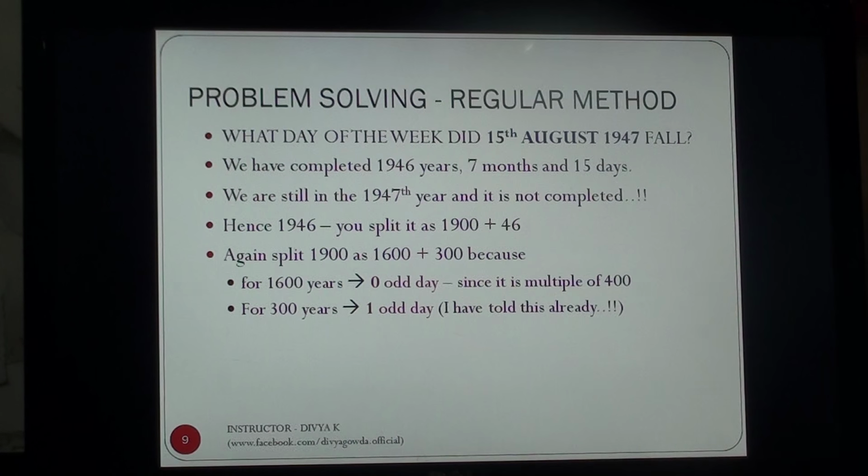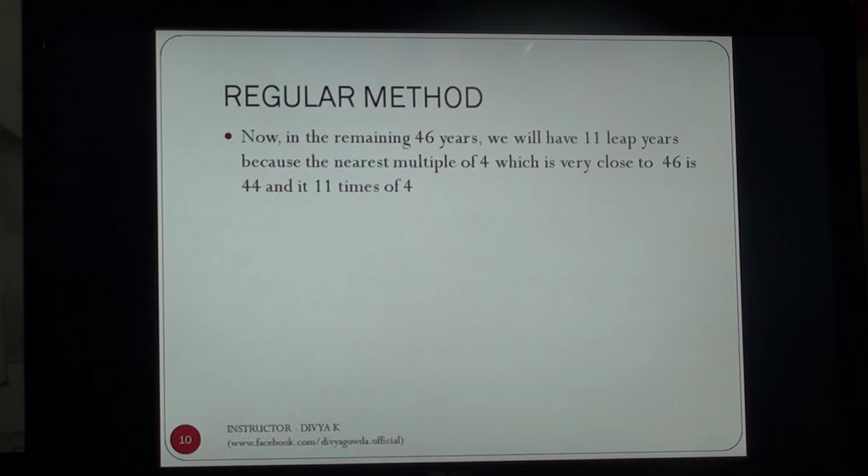So split it like this, and in the remaining 46 years, we will have 11 leap years, because the nearest multiple of 4 which is very close to 46 is 44. Or you can do one thing, you divide 46 years by 4, you get 11 as the quotient, because 4 11s are 44, and the remainder you just leave, no problem. The quotient here is 11.